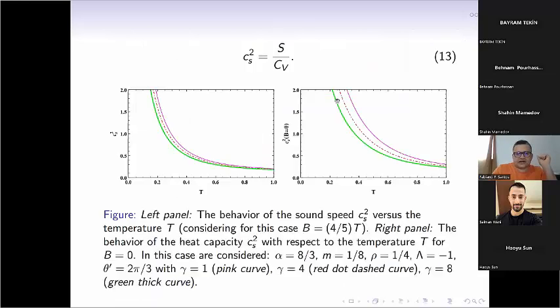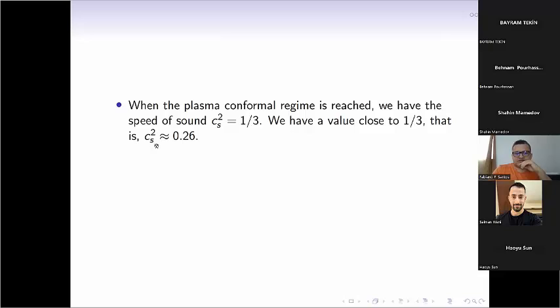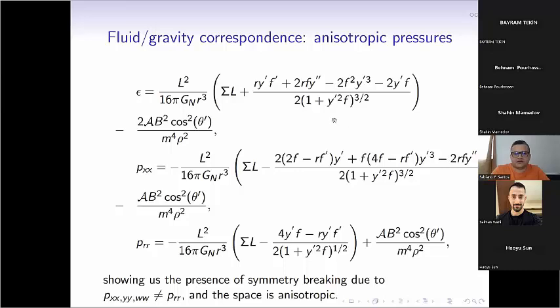Okay, and we see that the speed of sound has a nontrivial value, right? Because this trivial value here is only for the conformal fluid plasma, which happens when the Horndeski couplings are zero or very, very small, right? Because when we increase the strength of these parameters, we have nontrivial values for the transport coefficients.